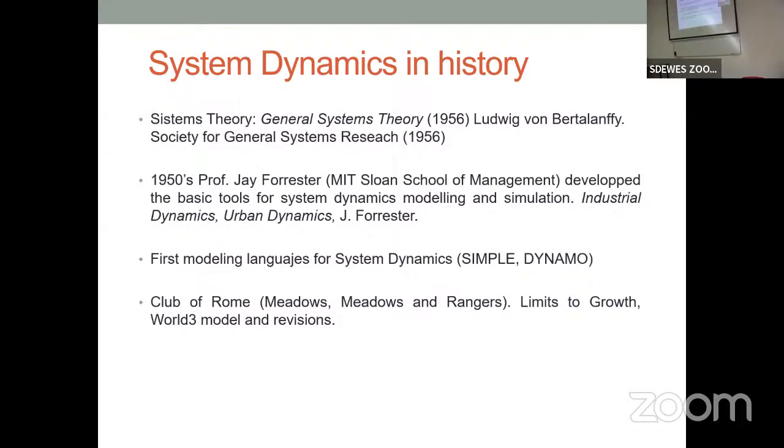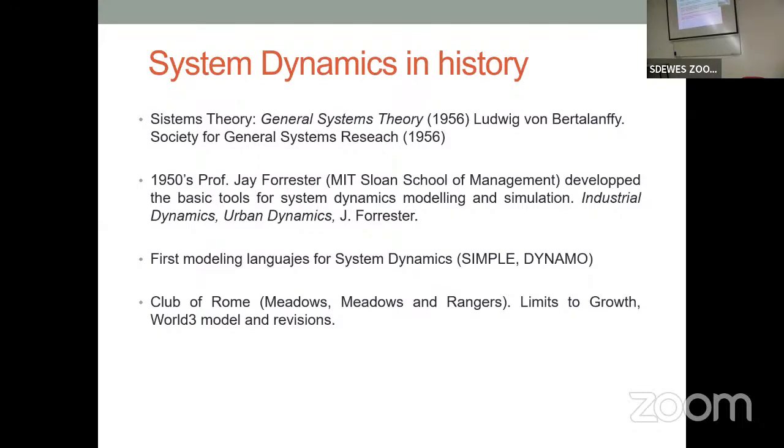Well, before bibliography and notes about the history of system theory, maybe the first well-known book about system theory was the one about general system theory by Ludwig von Bertalanffy. Later, in the middle of the 20th century, Jay Forrester from the MIT Sloan School of Management developed the basic tool for system dynamics.